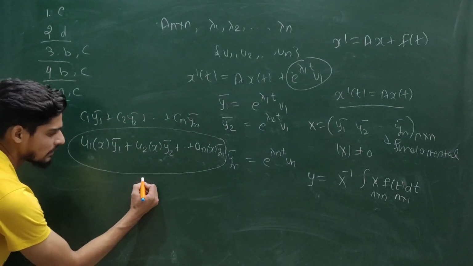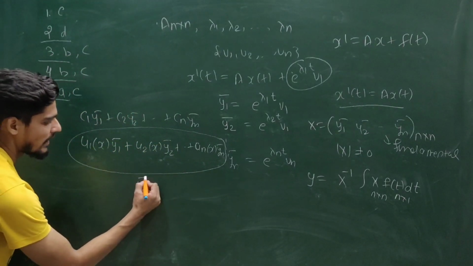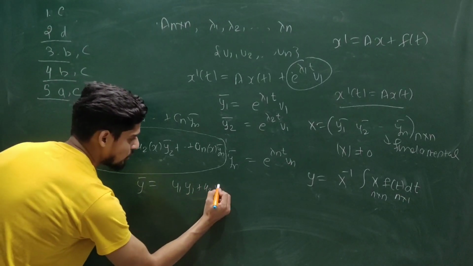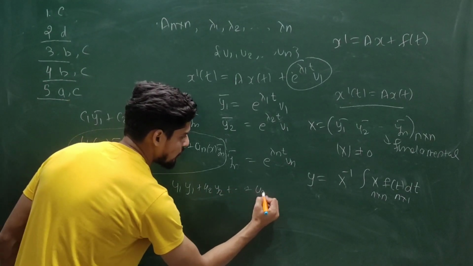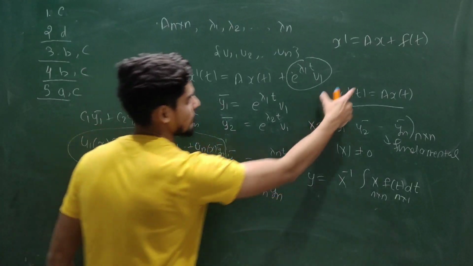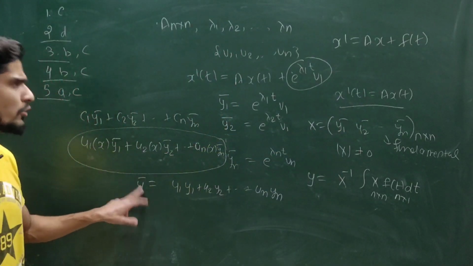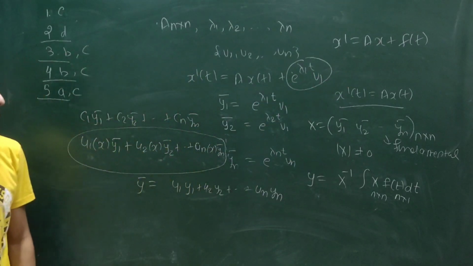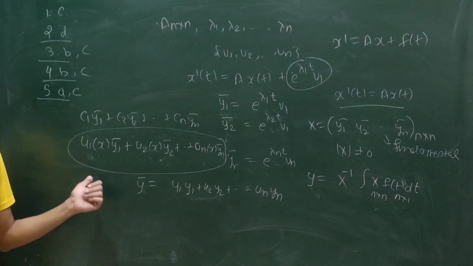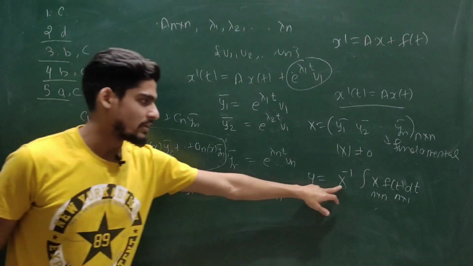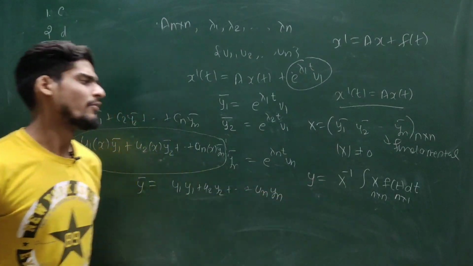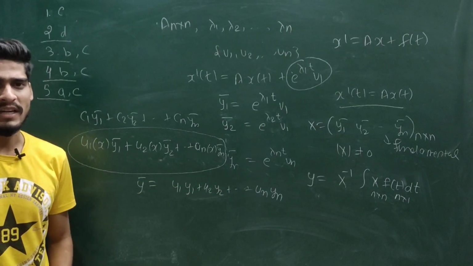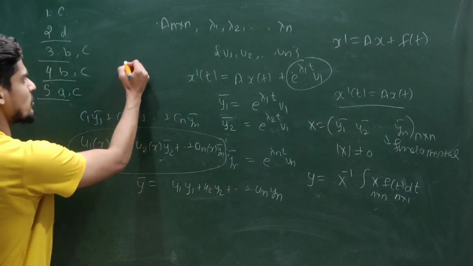You just assume y bar is equal to u1 y1 plus u2 y2 plus un yn. This is a solution of this equation. Then you just put it into the equation and claim the solution of this format. If you are still facing a problem, you can Google it, or you can find it in any standard book, such as Shahir Ahmed.